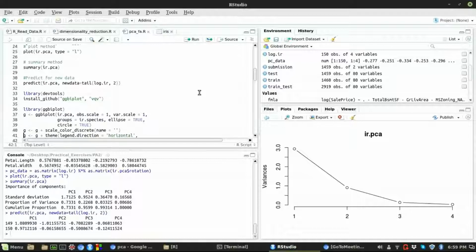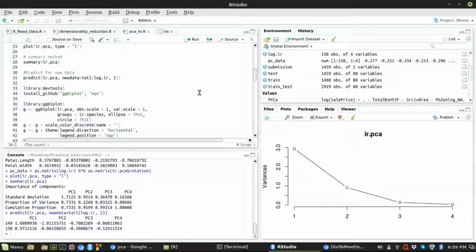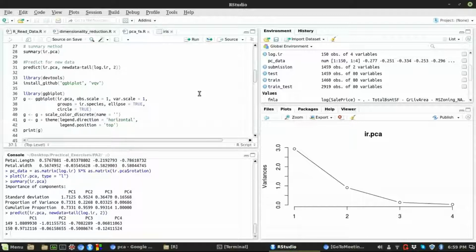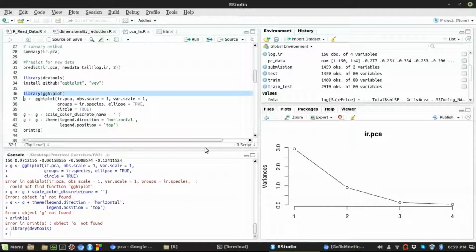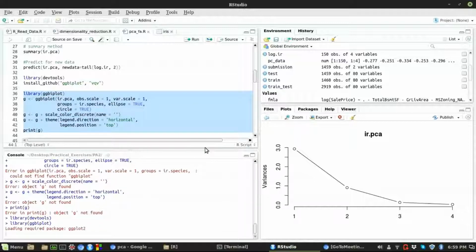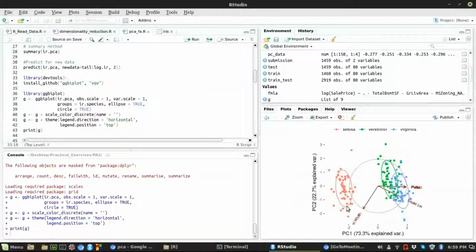You can also look at this ggbiplot. What it does is it shows what the original variables are in terms of PC1 and PC2, and it also plots the data.